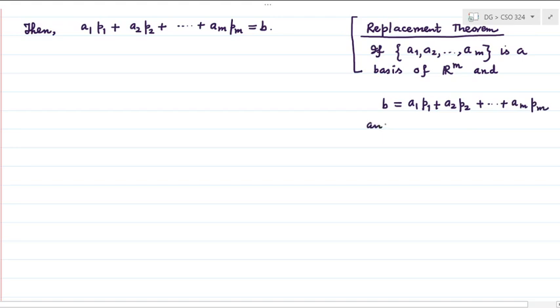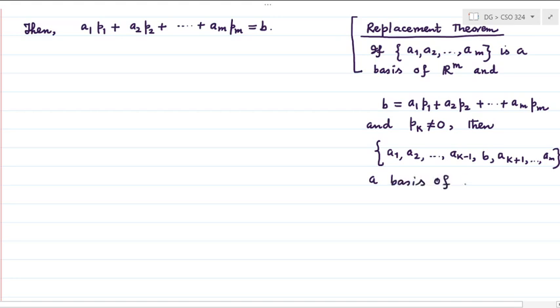If any of the pi's, let's suppose pk, is not 0, then you have shown in your mathematics 2 that the vectors a1, a2, ..., ak minus 1, with ak replaced by b, and the rest of the vectors kept as they are, will construct a basis of Rm.